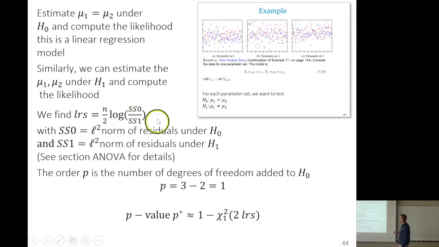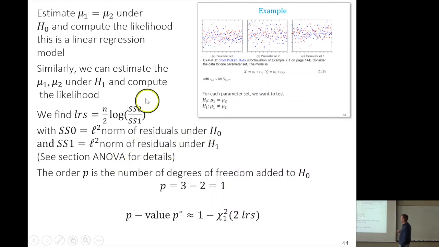Again, this is called ANOVA because everything can be distilled to comparing whether a ratio of sums of squares is large or not. But now, if we apply our theory, we can have a very specific result. The only job that we have to do is to compute P. How many degrees of freedom are there in H1 and in H0?